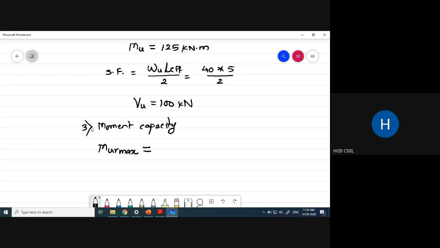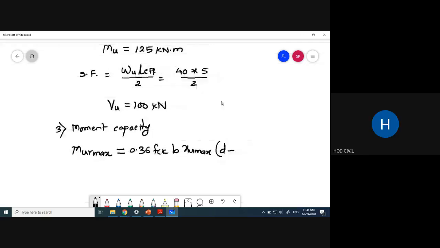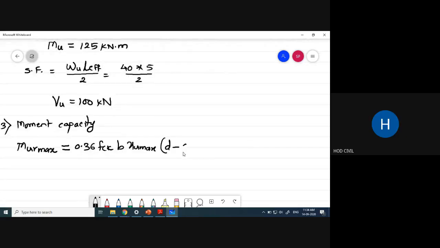So what is the formula for Mu R max? 0.36 fck b into xu max into d minus 0.42 xu max.